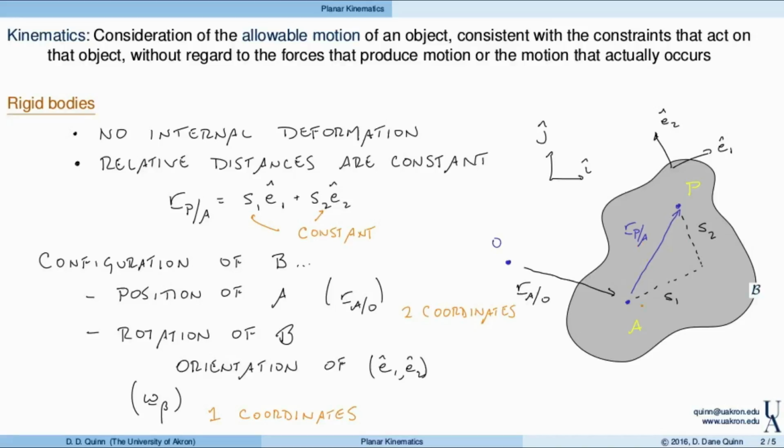Then the rotation of the object has to be about a spin axis that's normal to the plane or out of the plane, right? So that's only one angle to describe the orientation of this object. So again, rigid bodies have no internal deformation, and the configuration of a rigid body is described in terms of, say, 3 coordinates.